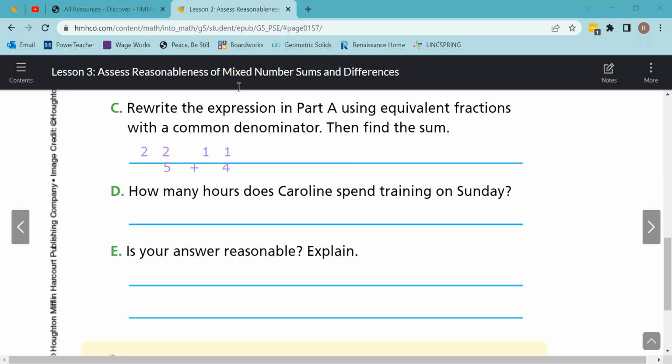Switch the colors. So take the numerator times 4, take the denominator times 5, and the numerator here times 5.